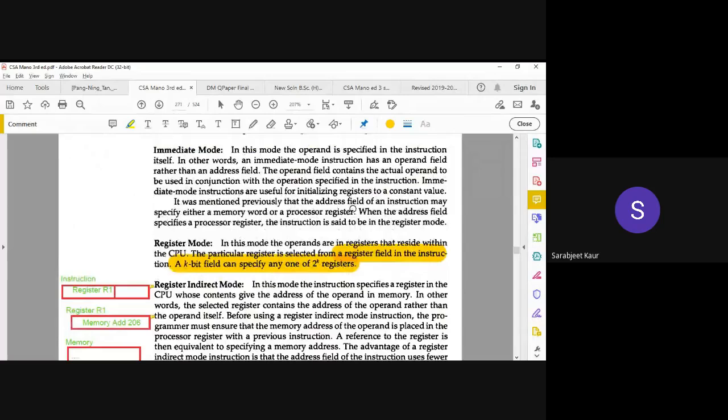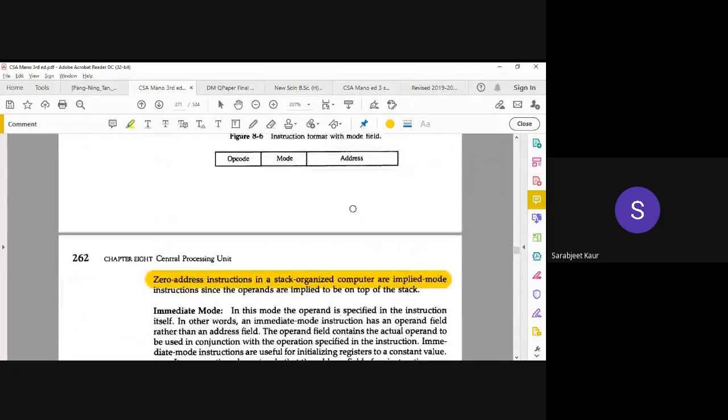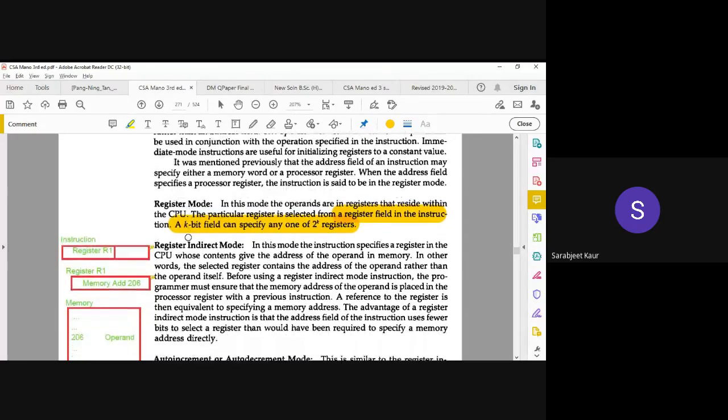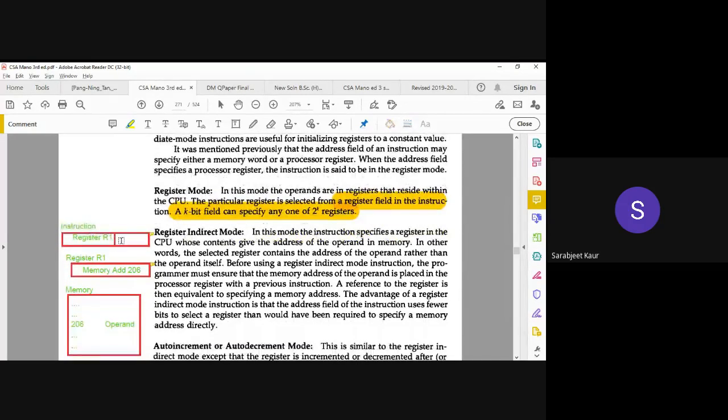Now, the next mode is the register mode. After this immediate mode, we already know two modes, that is the direct and the indirect, that we already remember from chapter 5. After that, I am going to discuss the register mode. What is register mode? In the register mode, the instruction specifies a register instead of a memory address.